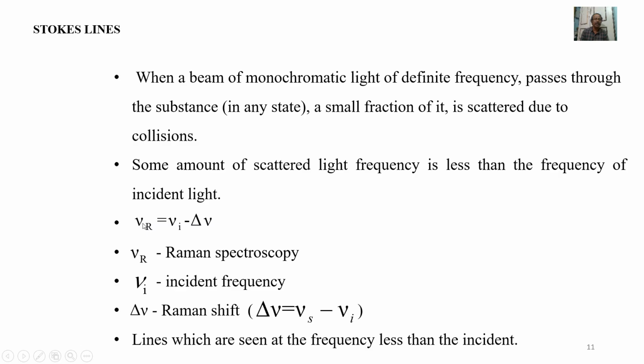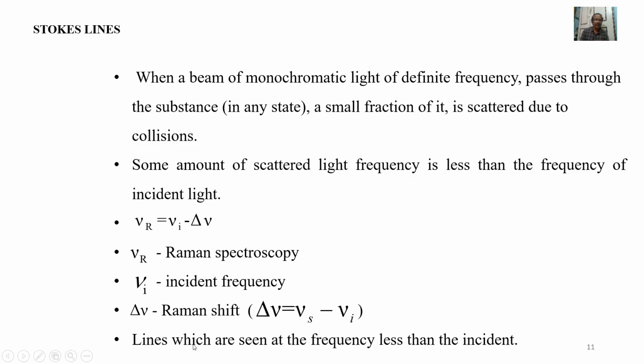So nu r equals nu i minus del nu, where del nu equals nu s minus nu i. Nu s stands for scattered wave number, and nu i is the incident wave number, the incident frequency. So nu r is the Raman line, nu i is the incident frequency, and del nu is the shift, the Raman shift, which is a change in frequency.